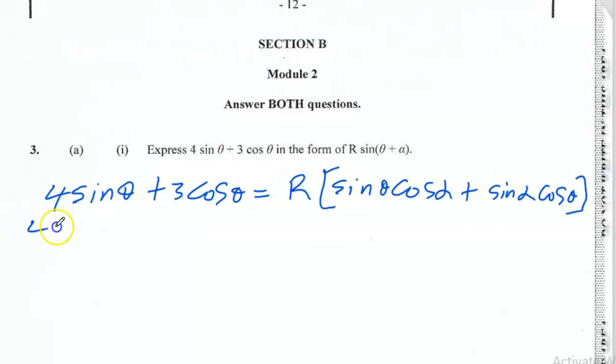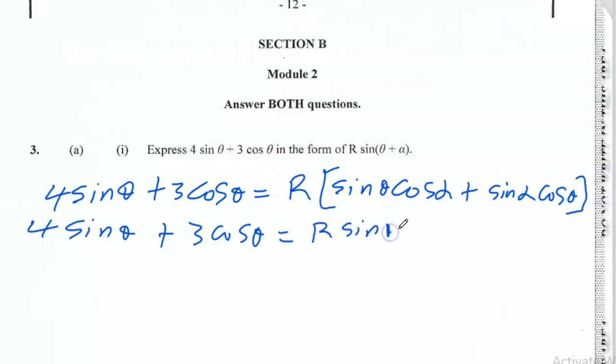And of course, we can distribute the r to each term. So 4 sine theta plus 3 cos theta is r times all of that. So it's r sine theta cos alpha plus r sine alpha cos theta.